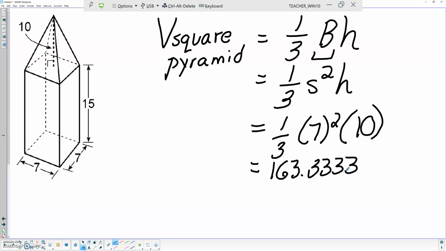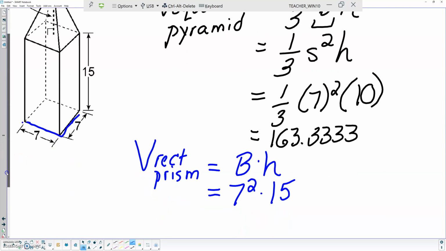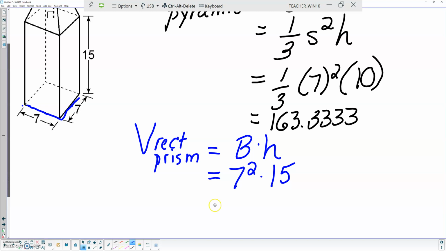Then we want to find the volume of the rectangular prism. That's going to be area of the base times the height again. In this case, the area of the base, since it's a square, is just going to be 7 squared, and the height is 15. 7 squared is 49, times 15 is 735.